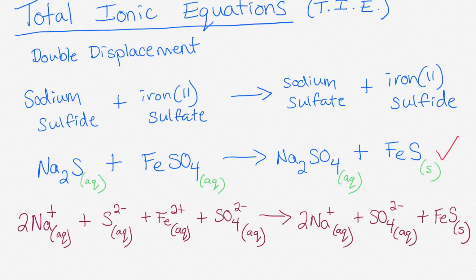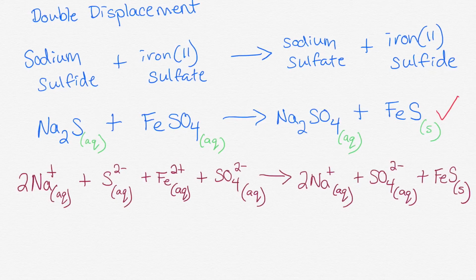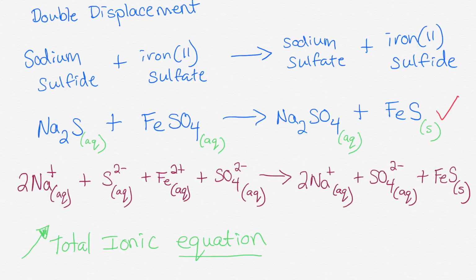It's going to stay as a solid. So we're going to keep that together. And so what we have here as this whole reaction, this is our total ionic equation.